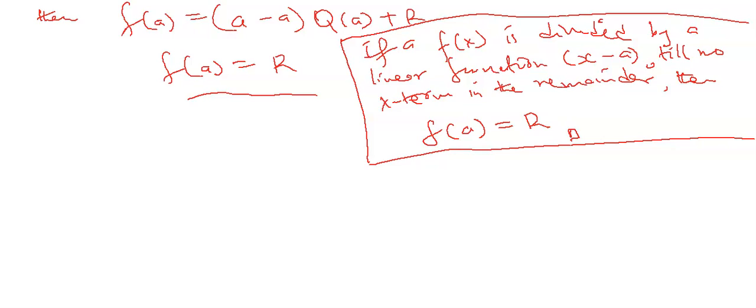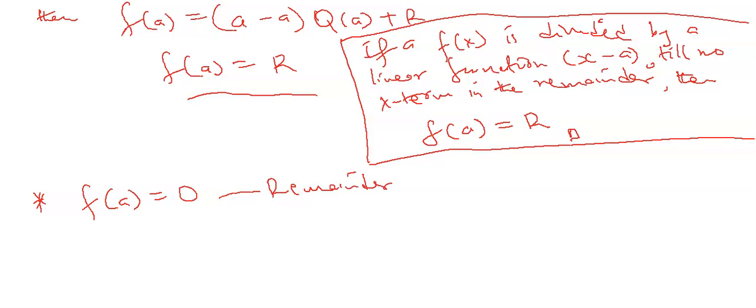Now suppose when we divide a polynomial with a linear function x minus a, we get f of a is equal to 0. In other words, the remainder is 0.